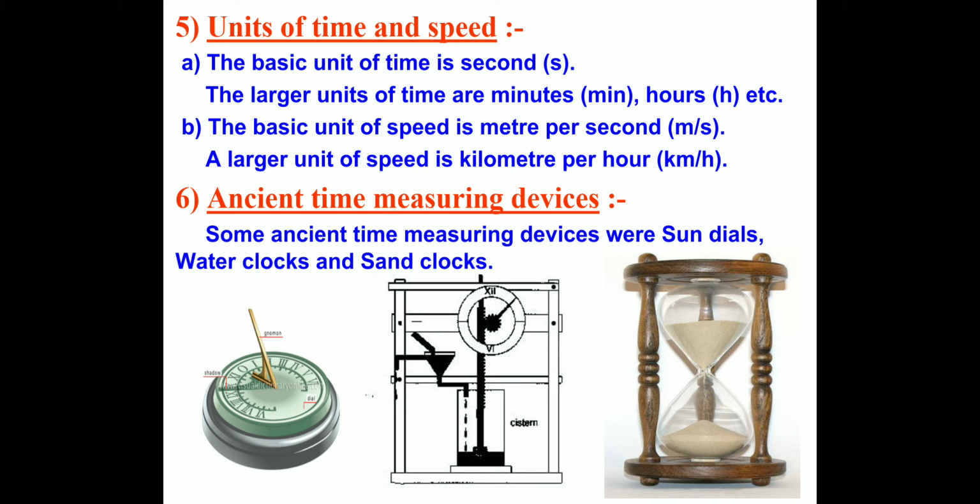Now, regarding ancient time measuring devices, children, here are some of the devices which were used in ancient times in order to measure the time. They are, as you can see in this slide, water clock, sun clock and sundials.